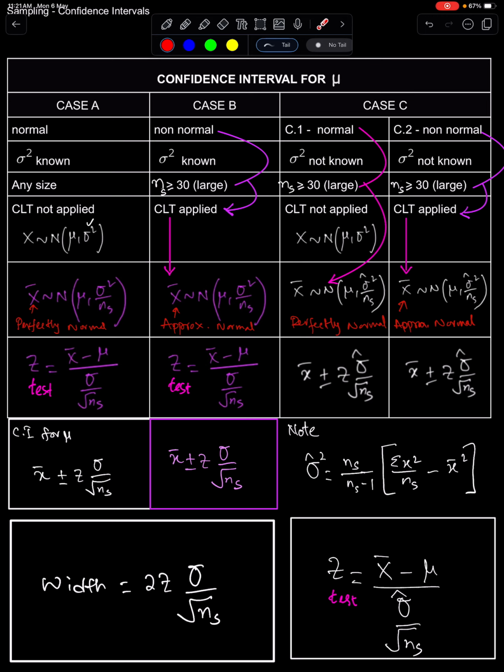Case A: if the population is normal and sigma square is known, then for any sample size, x bar is perfectly normal.